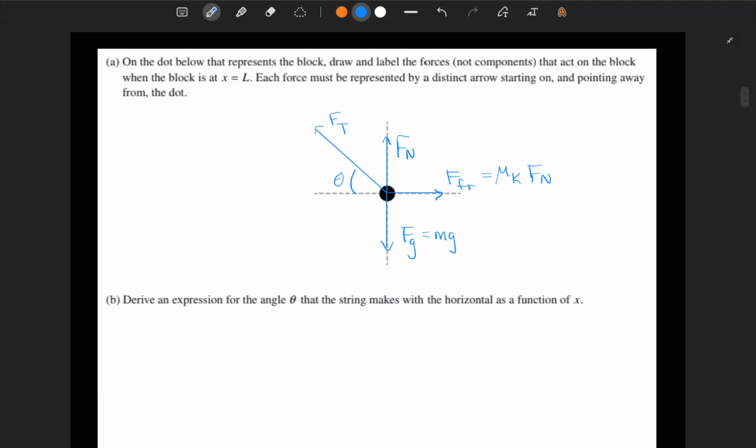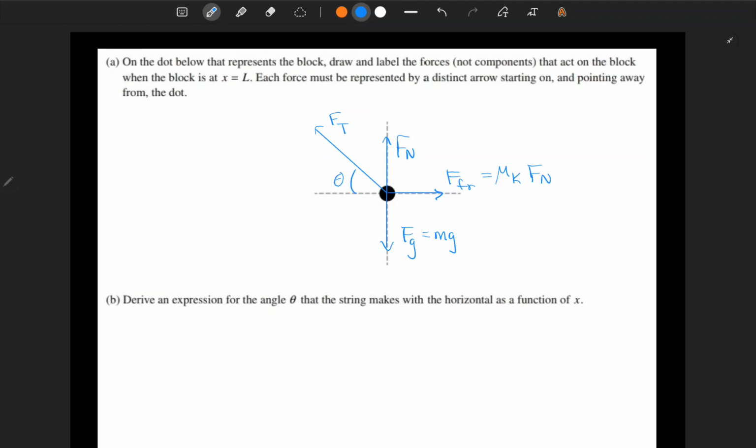As a note, students get 1 point for having both F sub g and Fn labeled correctly and pointing in the right directions, as seen here. Students get another point for having the force of friction, the one pointing to the right here, labeled correctly and pointing in the right direction.